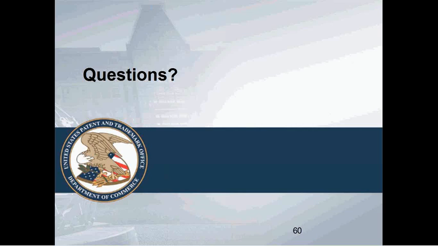I suspect it will be something like we do with interferences now, which we put a copy of the judgment and the administrative record of both. In the case of interferences, the patent and the application, but in this case, a copy of the judgment would go into the patent file.